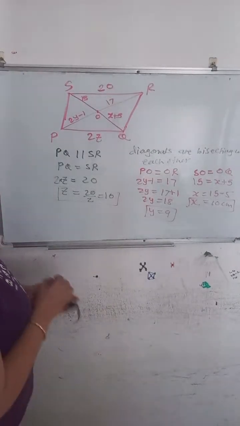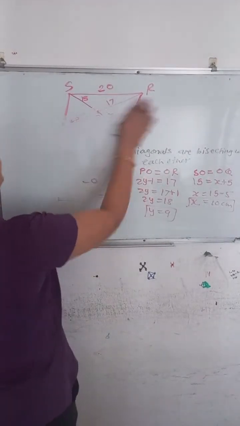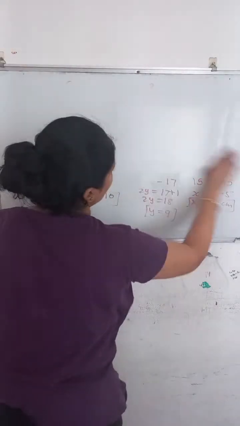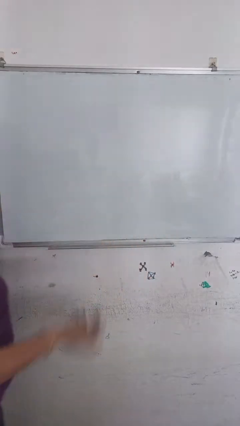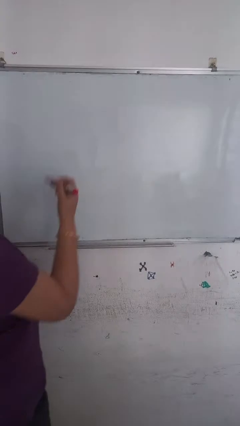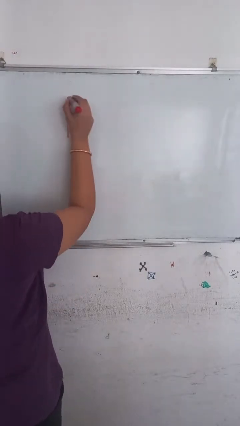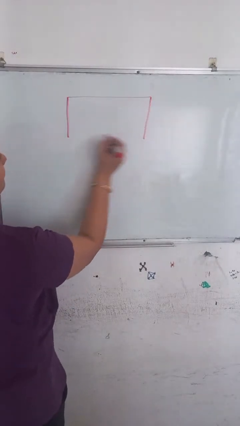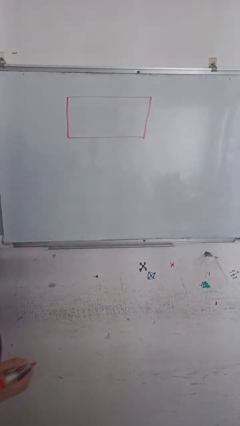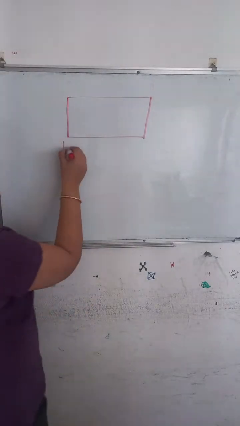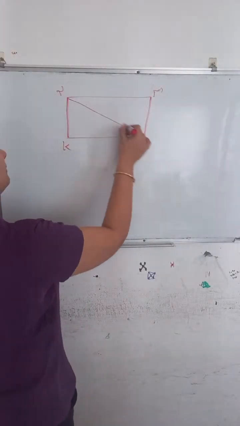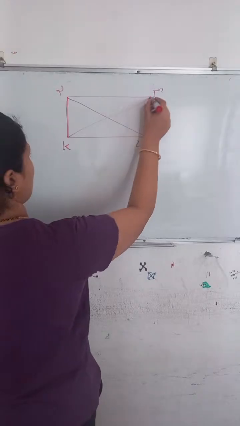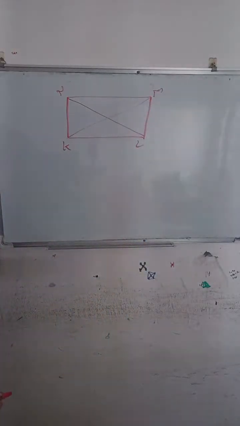They are saying it is a rectangle. In a rectangle, diagonals are the same. Here the diagram is given like this. This is the rectangle, and this is K, L, M and N. These are the two diagonals.